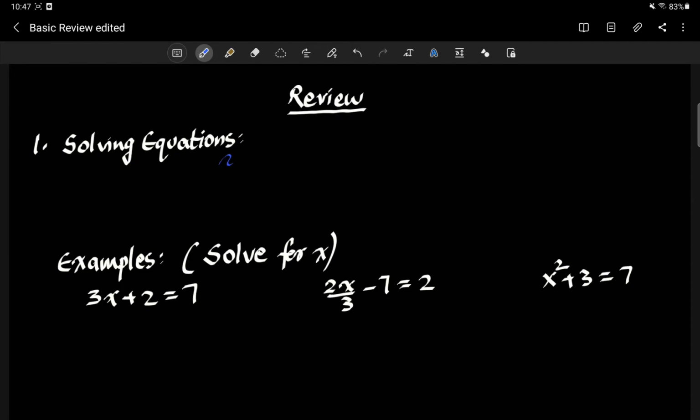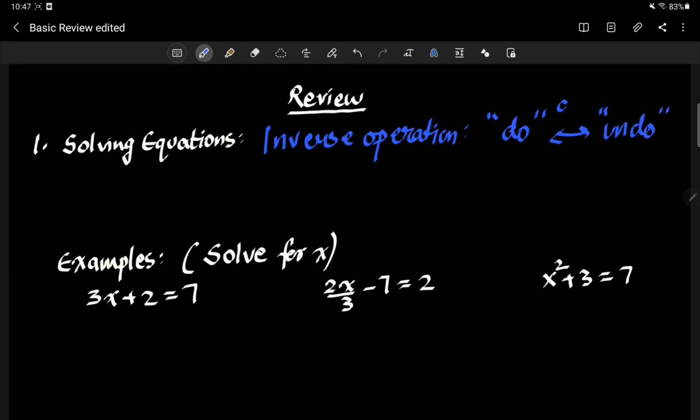So let's start with solving equations. What does it really mean to solve an equation? So here the idea is that of an inverse operation, meaning there is a duality between doing something and undoing something. For example, if you add, the dual to adding is subtracting.